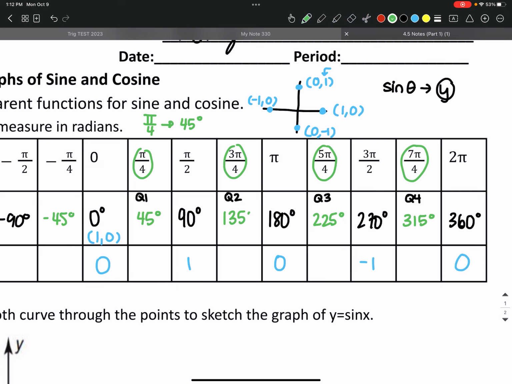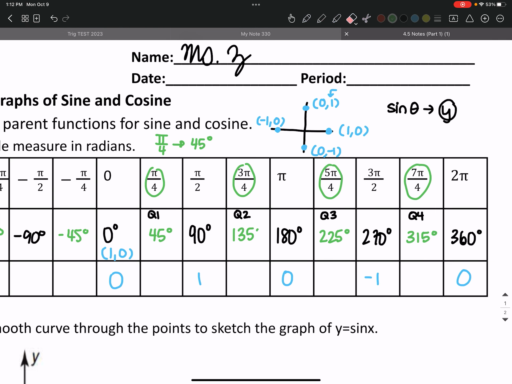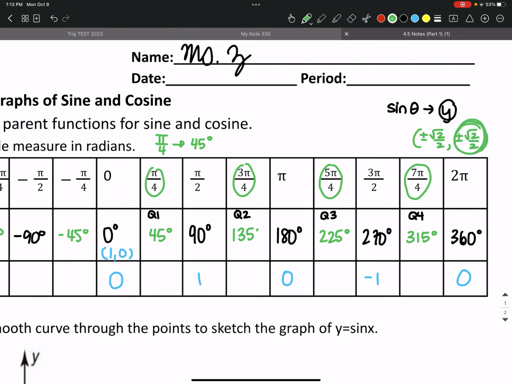Then I'm going to do the ones that have a reference angle of 45 degrees. When I have a reference angle of 45 degrees, I know I have some variation of the point square root of 2 over 2, comma square root of 2 over 2. And so my y value is going to be positive or negative square root of 2 over 2, which I'm going to simplify to 0.7.